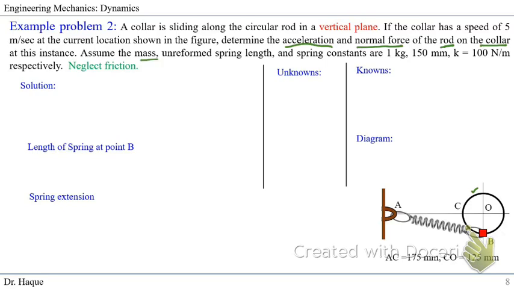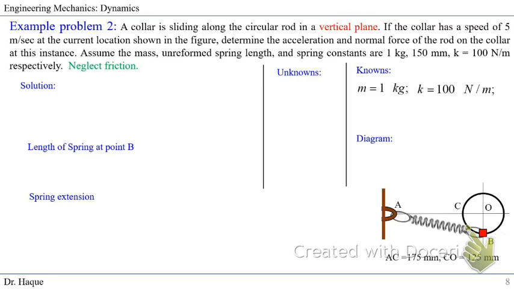The question says to assume the mass is 1 kilogram, the undeformed spring length is 150 millimeters, and the spring constant is 100 Newtons per meter. It also says to neglect friction, so we don't have to worry about any friction. Okay, so let's start with what is known.